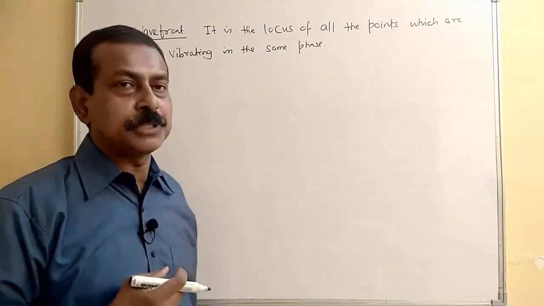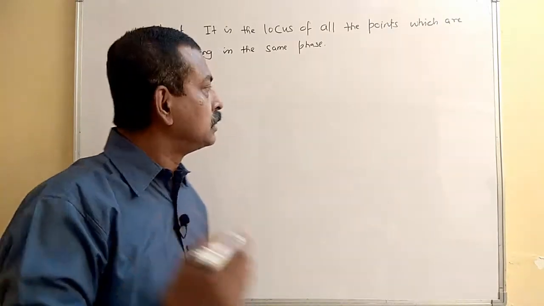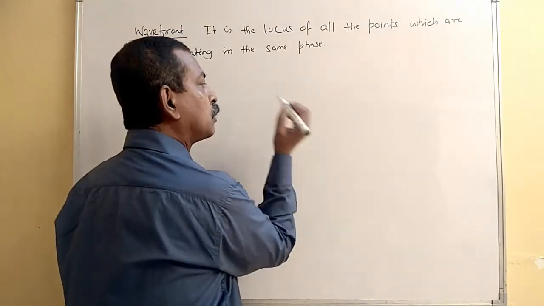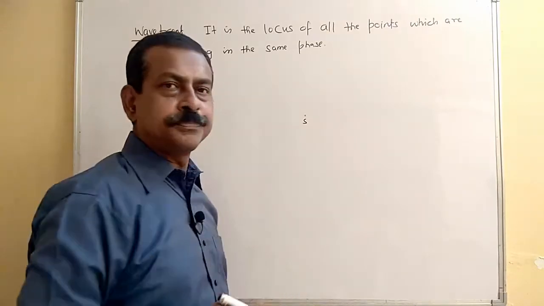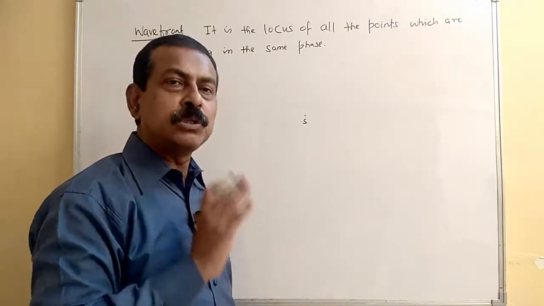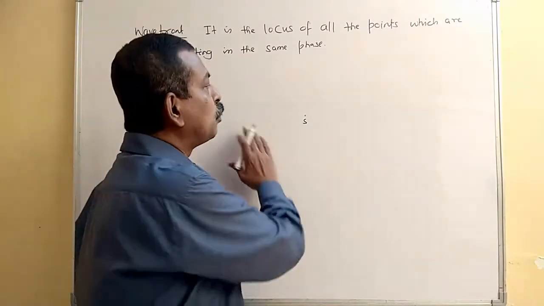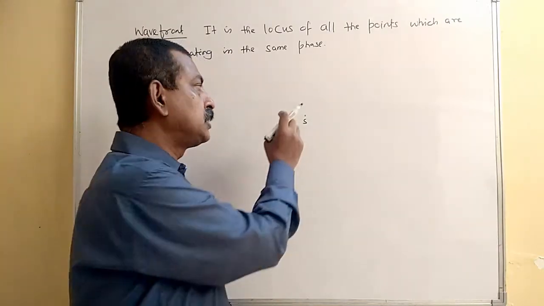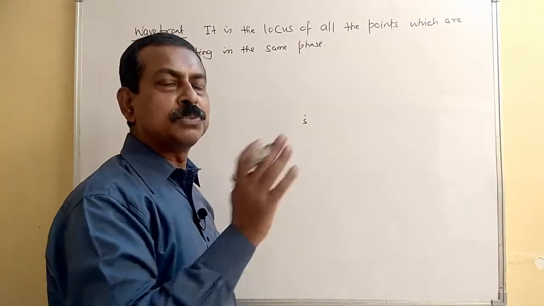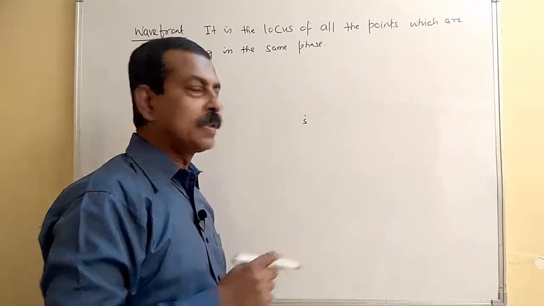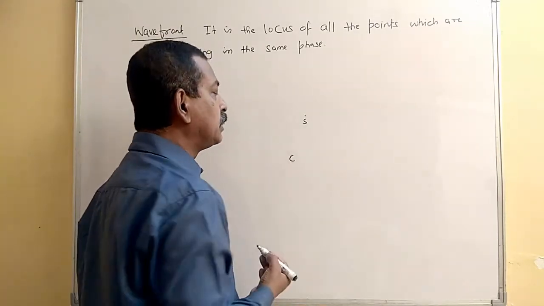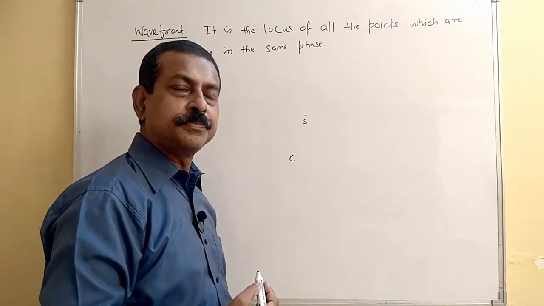How do we get, first of all, these wavefronts? Suppose you have a particular source here. So it will give out the waves. It will be going in all possible directions. Suppose it is a point source, it is giving out waves in all possible directions. And suppose those waves are going with the speed c.